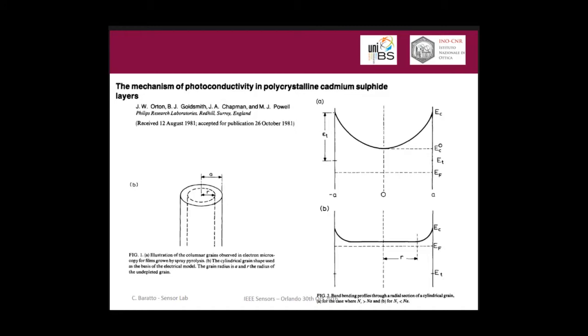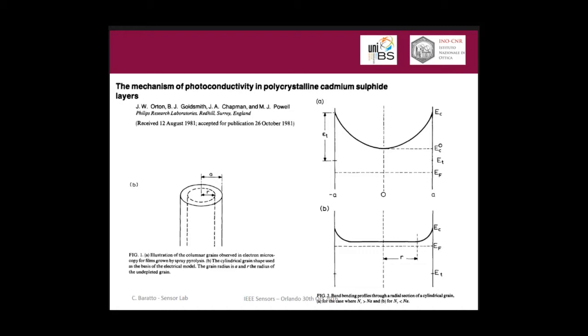going a little bit into the theory here, it has been demonstrated that if you have a material with diameter A, and the diameter is comparable to the Debye length, okay, the bands at the surface are bending like this and are completely depleted.